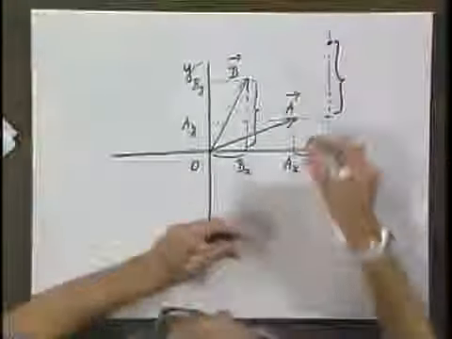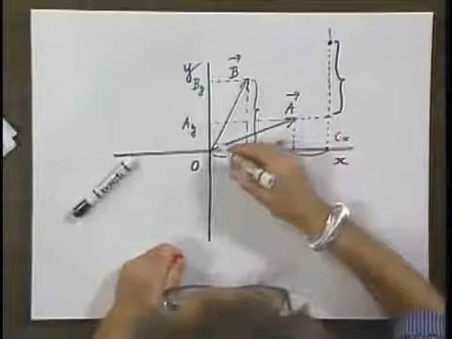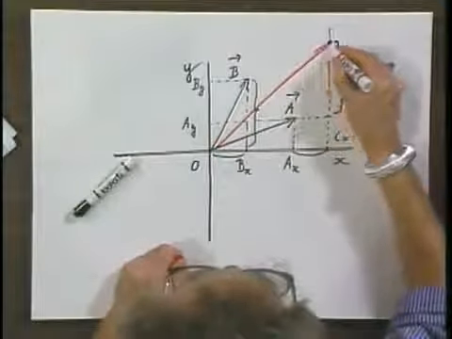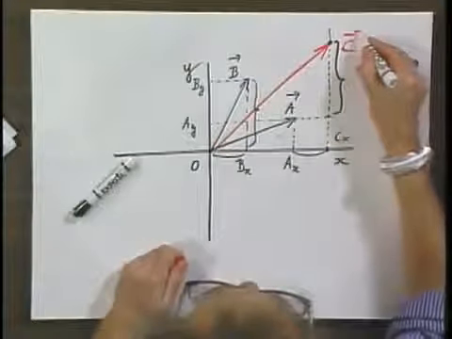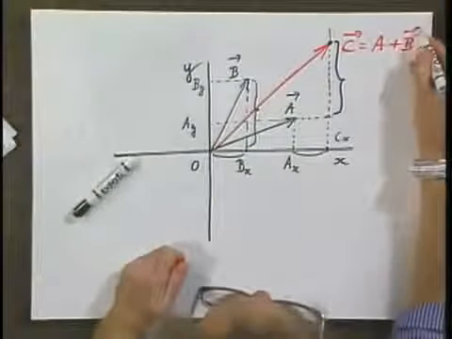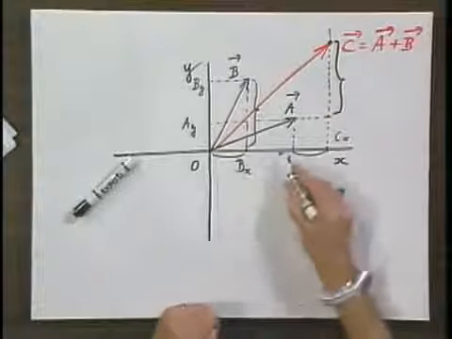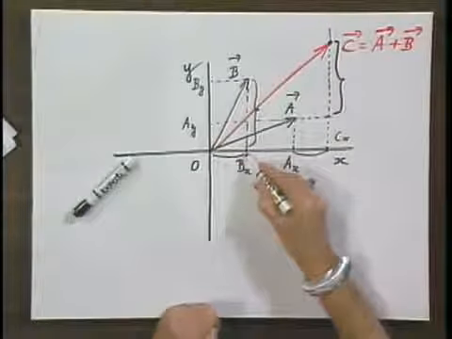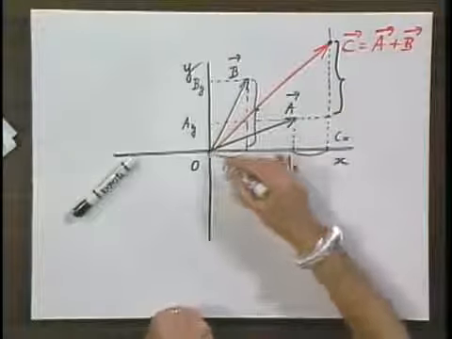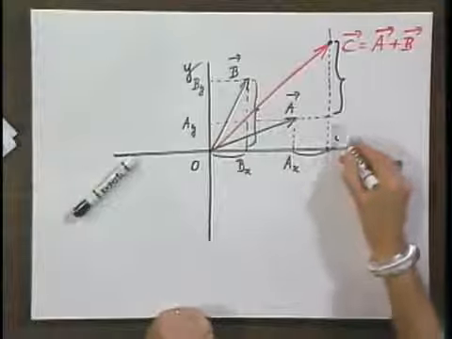And so this is now the endpoint of my vector c. There is c, and that is a plus b. The x component of c is a x plus b x, and the y component of c is a y plus b y.